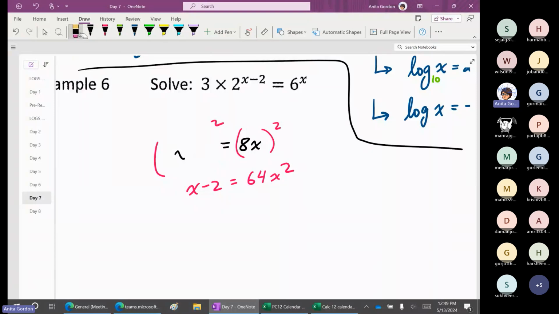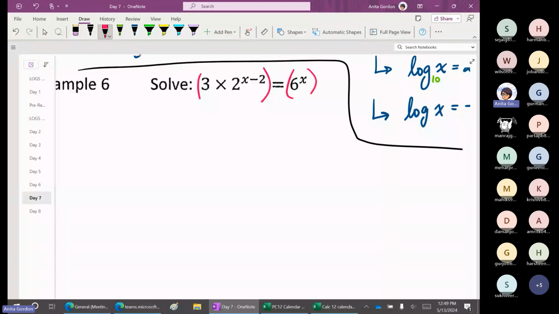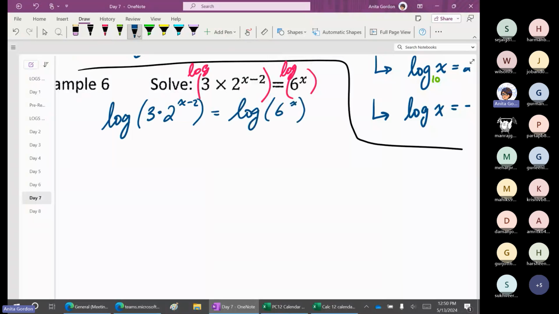Okay, when we have exponentials on both sides, we are just going to put everything in brackets, and we're going to log both sides. So this will be log of (3 times 2 to the x minus 2) equals log of 6 to the x. And now we're going to expand it using log rules.